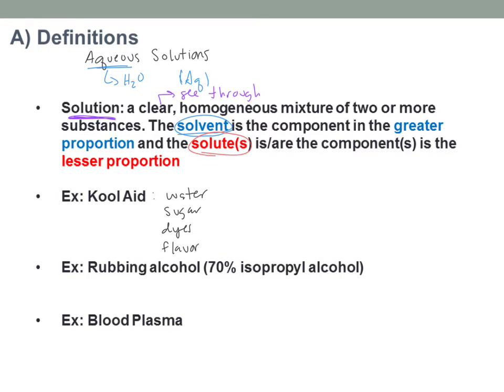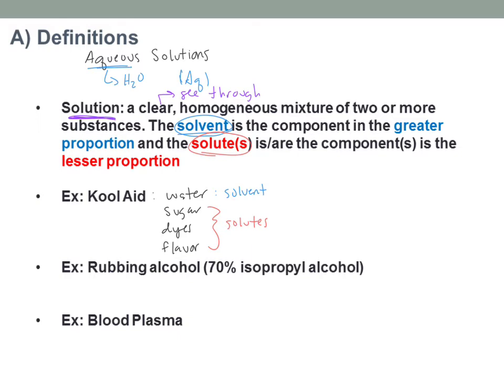But if I want to know what the solvent or solutes are, right, water's definitely going to be the solvent because that's the thing that's present in the greatest proportion. You have more water than anything else. And then we would consider all of these other things solutes. So since all of these are present in proportions smaller than water, these would all be our solutes. So we'd have a whole bunch of solutes, only one solvent.